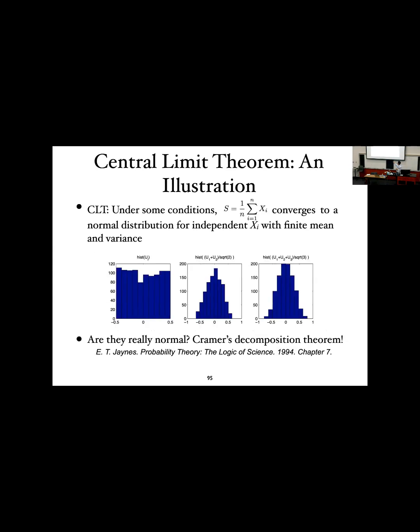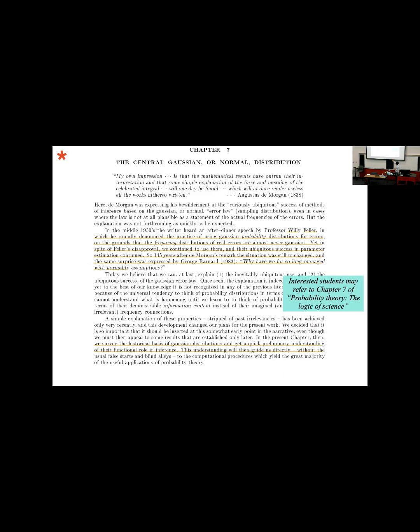And then here you can see an illustration of the central limit theorem. All of you know it. I guess some of you have read this book, Probability Theory: The Logic of Science. I really like it. It's a very good book.